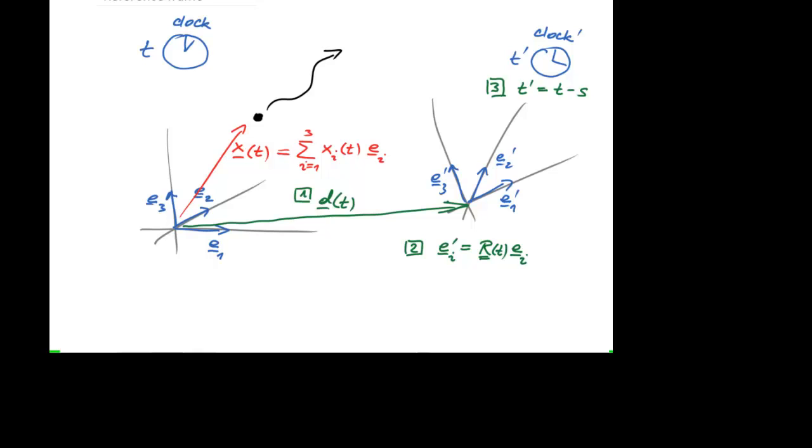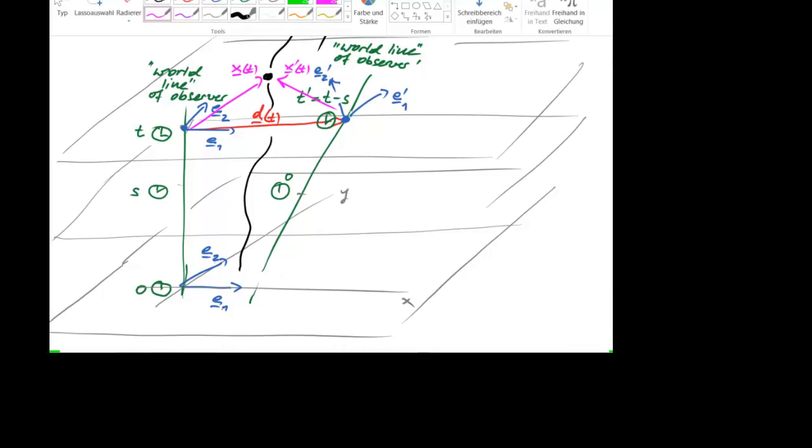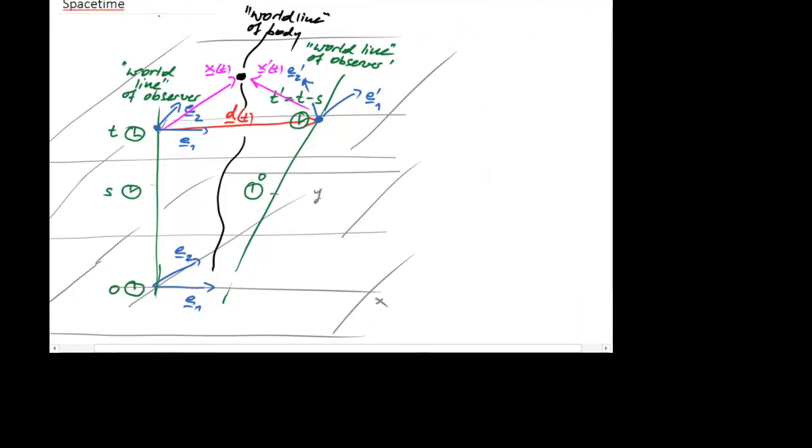But there are reasons, and I hope they will convince you, why we should limit ourselves to these forms of the transformation. In order to explain that, I would like to go back to this picture here. I would like to agree with my colleague that at least we should see the same space-time structure.